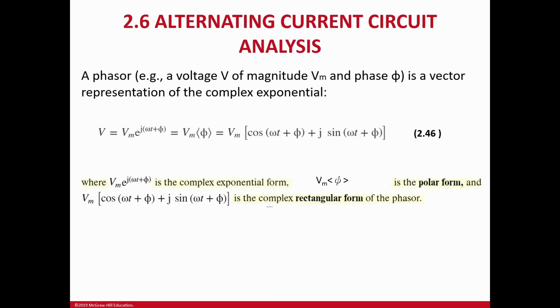We write this Vm angle phi in electrical engineering; either one is okay. And this is the rectangular form. If you expand this using Euler's formula, then you can write this in the rectangular form.